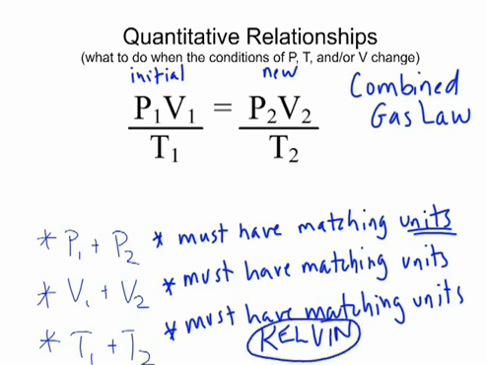You must have matching Kelvin units for both temperatures. If they're both in Celsius, your math will not come out properly, and you'll have a wrong answer. So make sure temperatures are in Kelvin, and that's true for both T1 and T2.